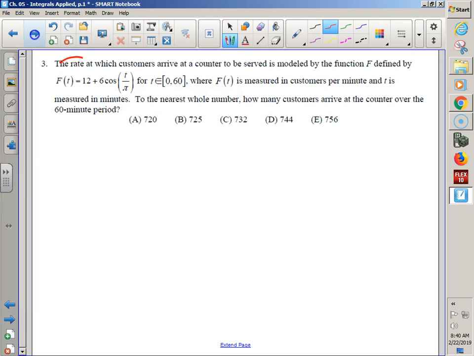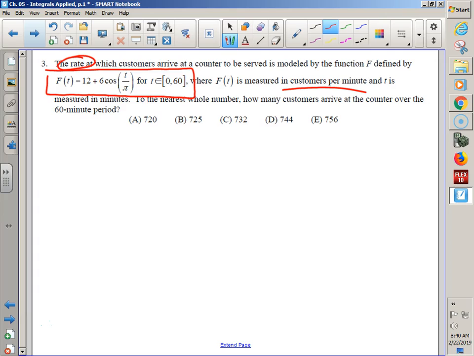Circle the word rate if you have not yet already, and then be like, hey, you're important. Where f is measured in customers per minute. t is measured in minutes to the nearest whole number. How many customers? How do I go from customers per minute to customers? Ooh, no, not derive. How do I go from a rate back, customers per minute back to customers?